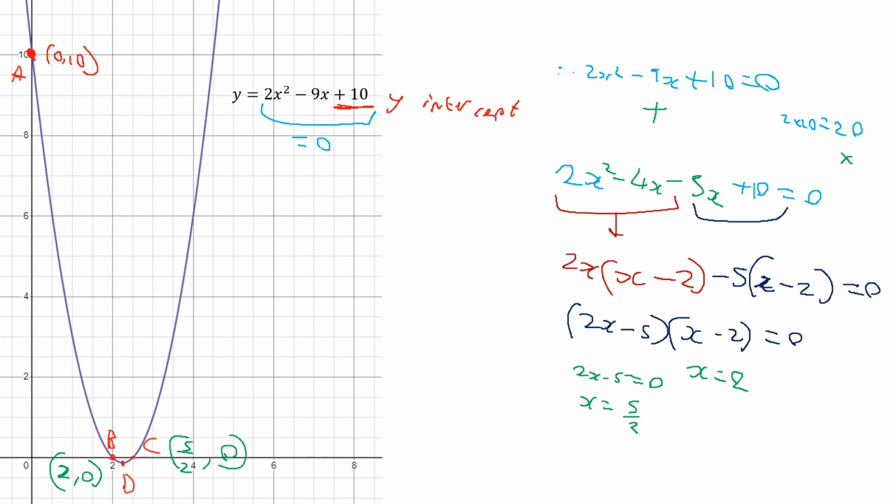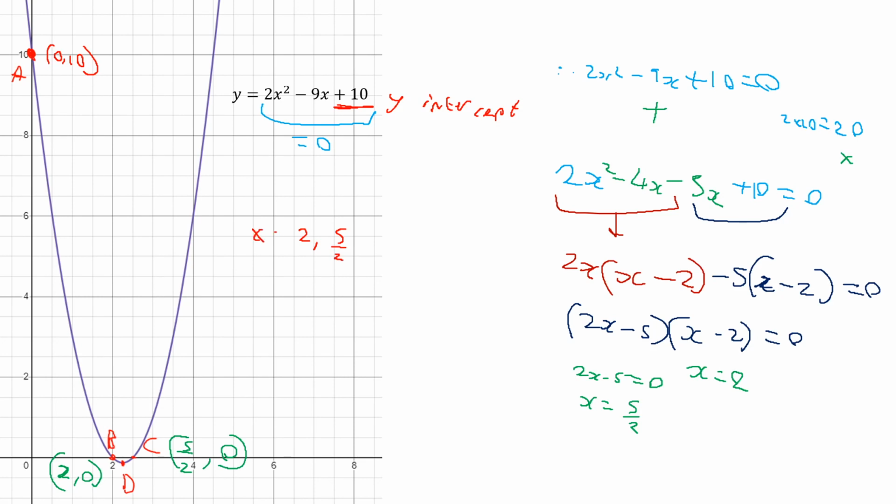Now all we need to do is complete the square. But I also mentioned that there's another method you could use to work out what the x coordinate is for the turning point. We know that the roots are 2 and 5 over 2.